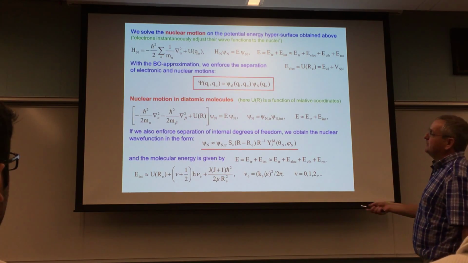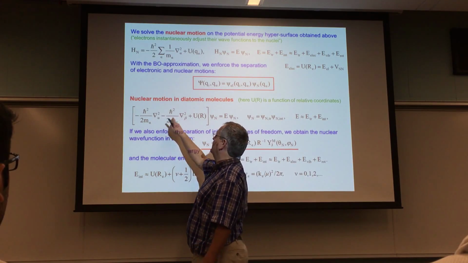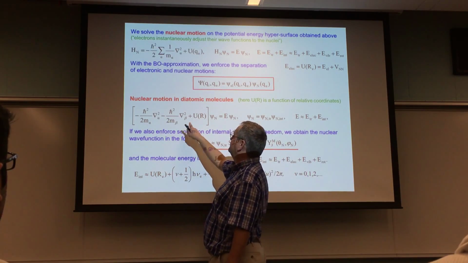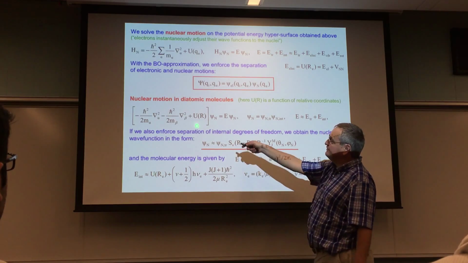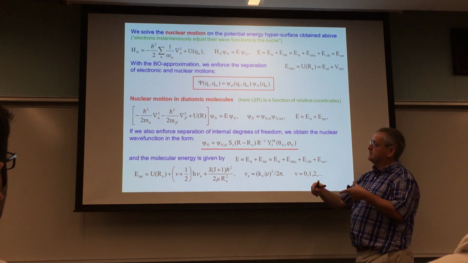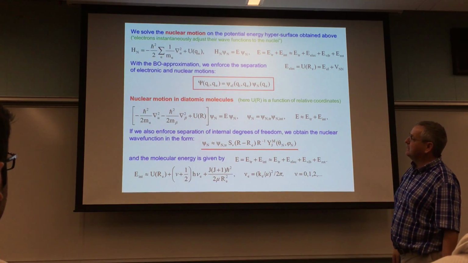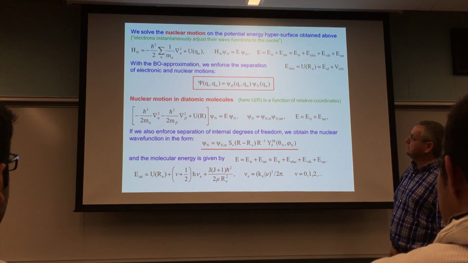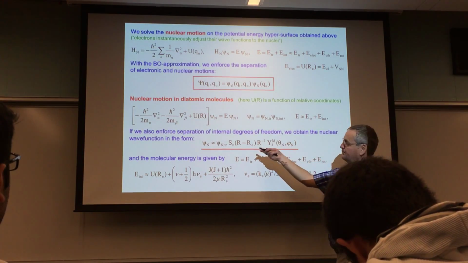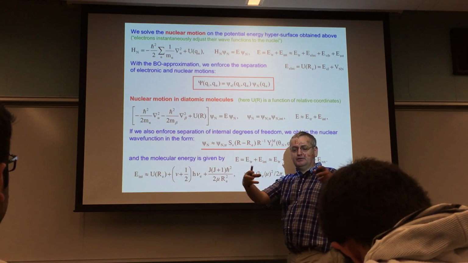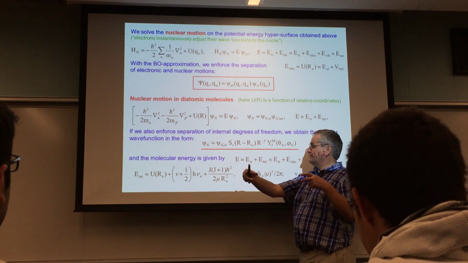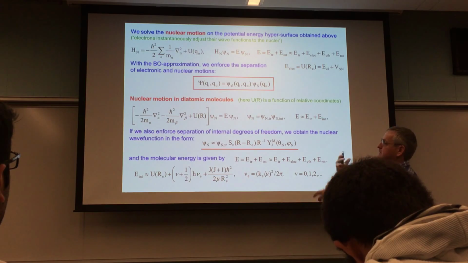For a diatomic, it would be like two nuclei with coupling between them, which is given by this coupling energy of the electronic type. So then we can solve this nuclear problem, and what we get for the diatomic would be the vibration, and we also get the rotation of the nuclei.